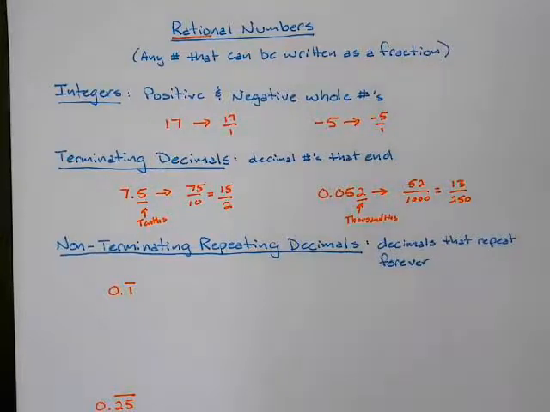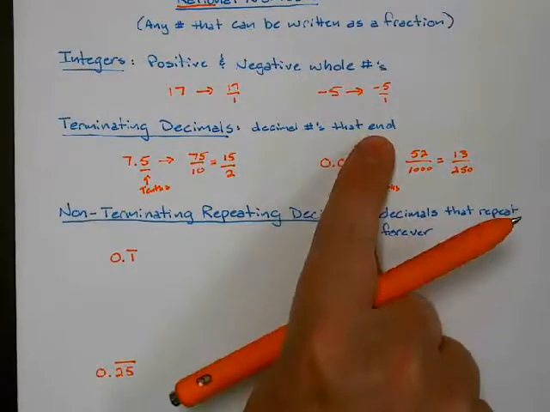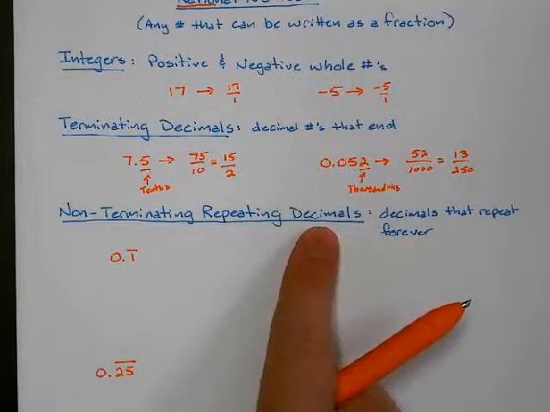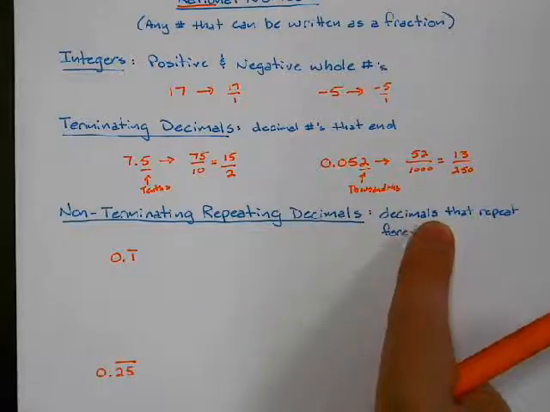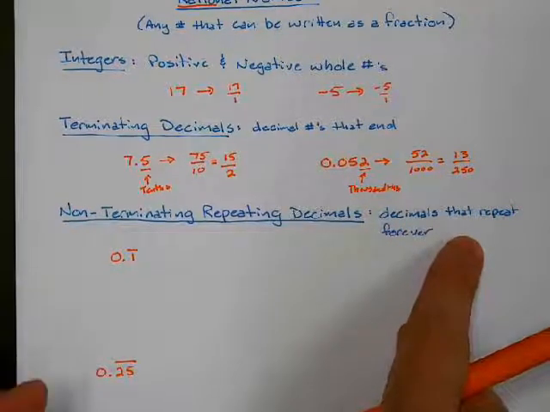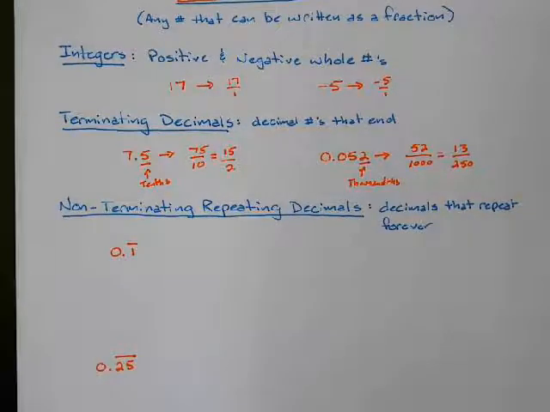All right, now we get to the interesting ones. Non-terminating, so they don't stop, they don't have an end, but they repeat. So non-terminating, repeating decimals are decimals that go on forever, but they're repeating forever. We can turn these into fractions, and here's how we do it. We're going to use algebra to prove that these are fractions.